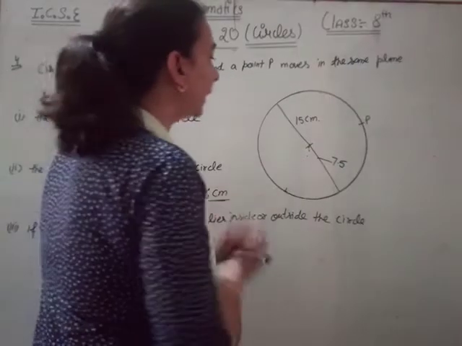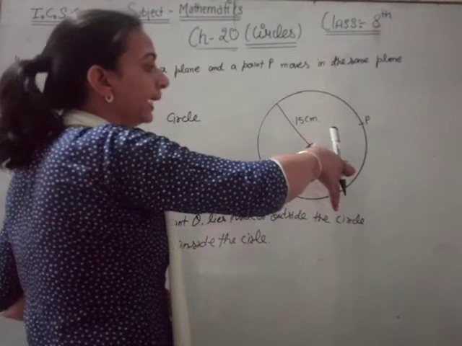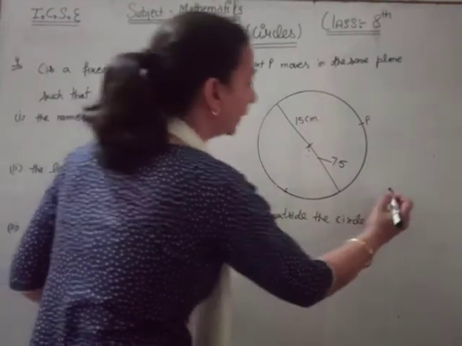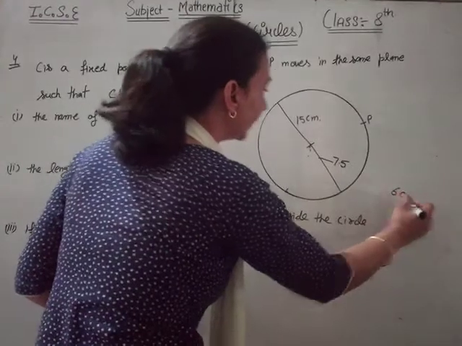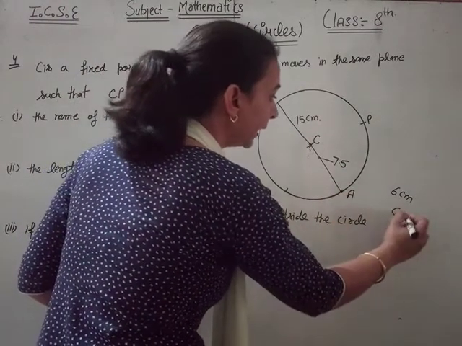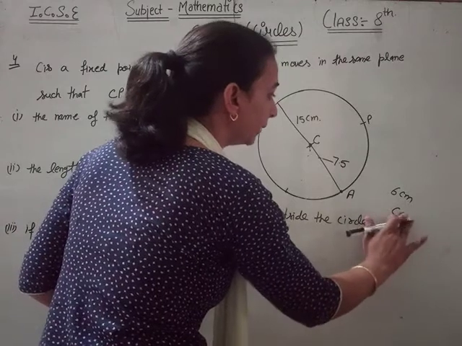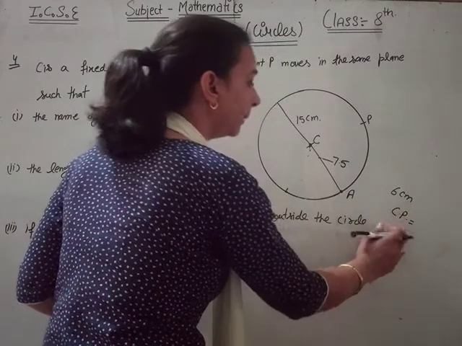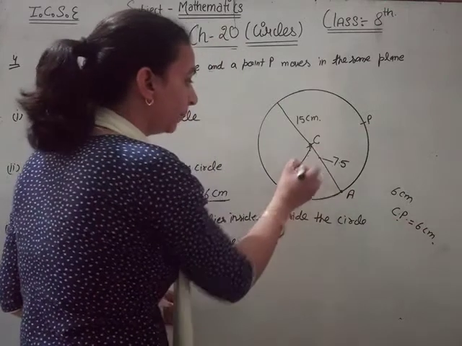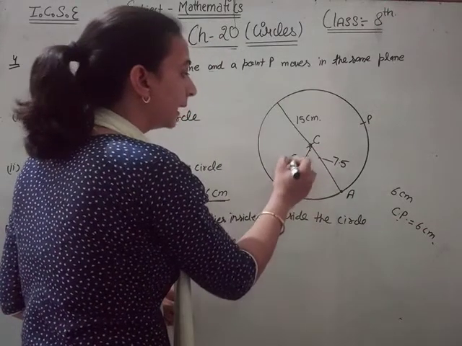Then if we take a length less than the radius, that point lies inside the circle. For example, if we take 6 centimeters, that point is C, this is A. If we take CP as 6 centimeters, then point P is inside the circle.